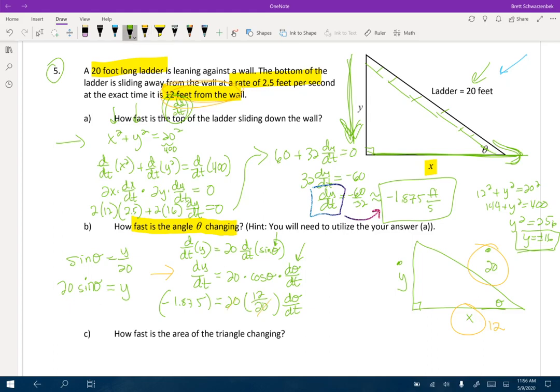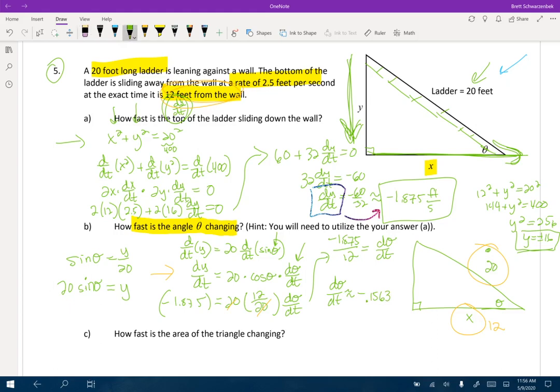So all you have to do to find d theta dt is take negative 1.875 and divide by 12. So d theta dt is going to be approximately negative 0.1563.